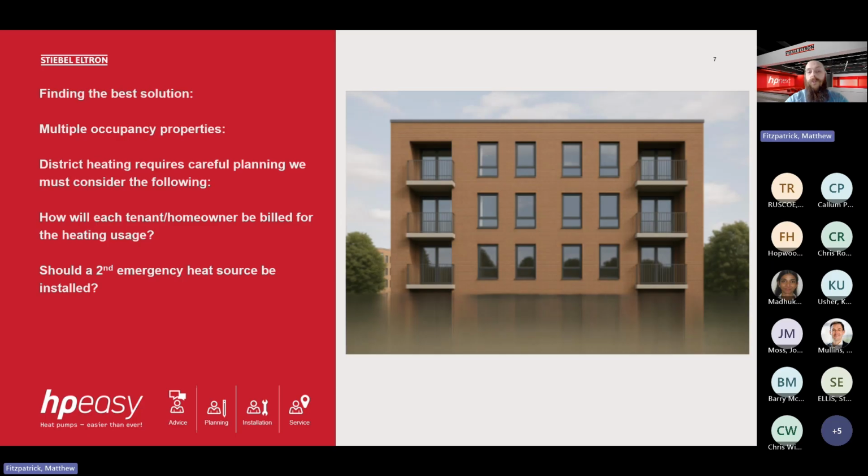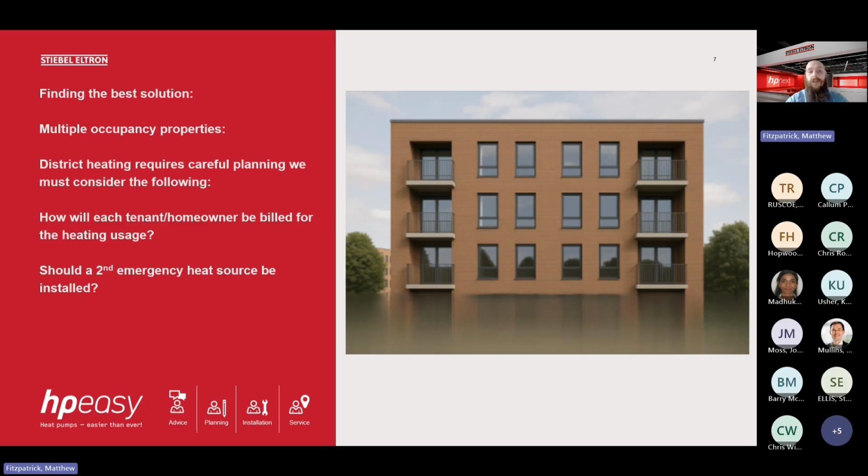We also look at what if, in case of emergency scenario, should we have an emergency heat source? In my opinion, I would always recommend having an emergency backup. It's better to have it and not need it than not install it and then fall foul and need it.